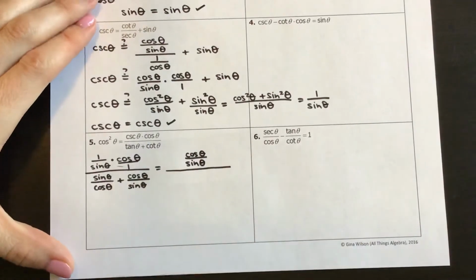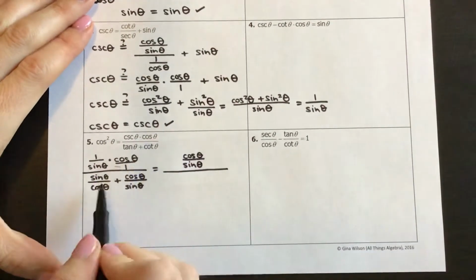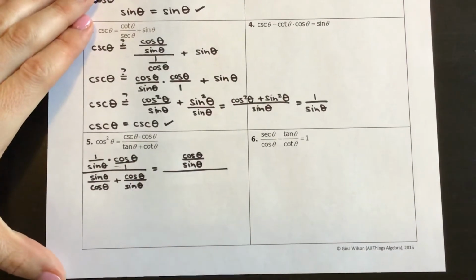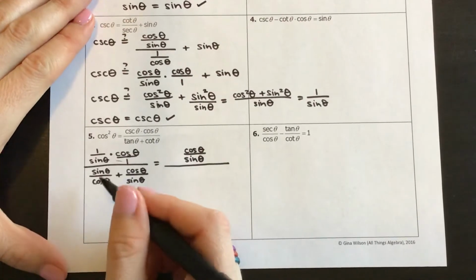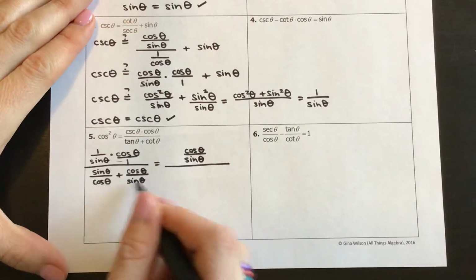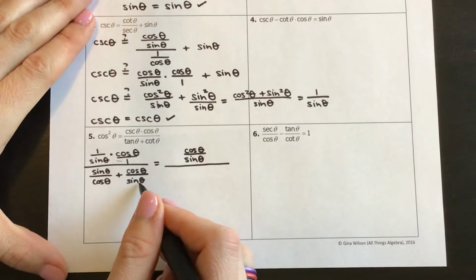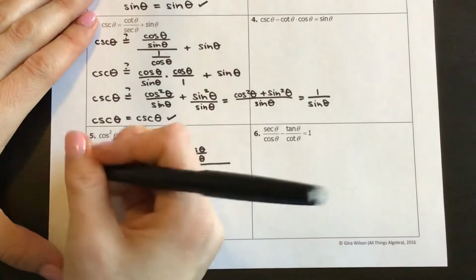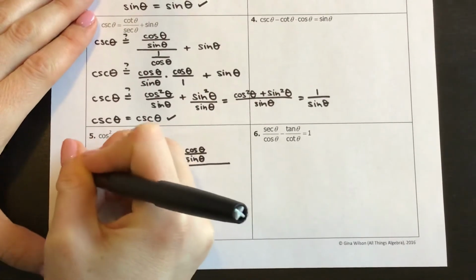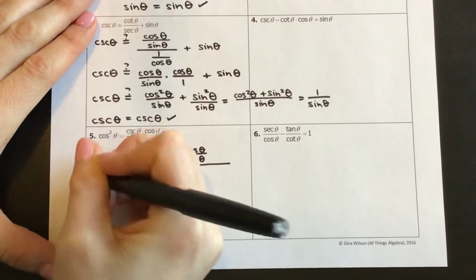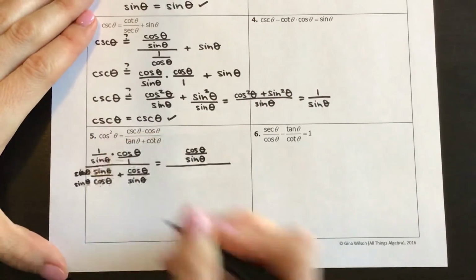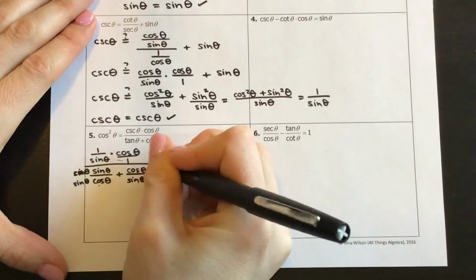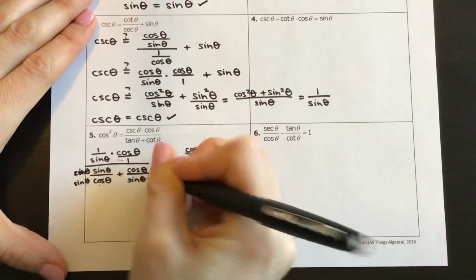Over, and then in the denominator, just like I talked about up here, whenever you do addition, you have to have the same denominator. So this one needs a sine to match this one. This one needs a cosine to match this one. So I can multiply this one by sine over sine, and I can multiply this one by cosine over cosine.